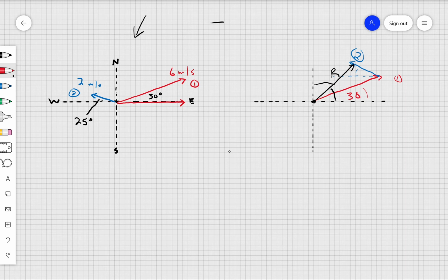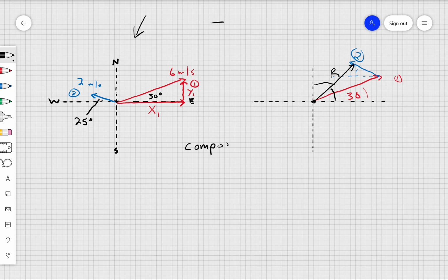Let's call that vector 1's x component. And it has a y component that is northerly. Let's call that vector 1's y component, y1.